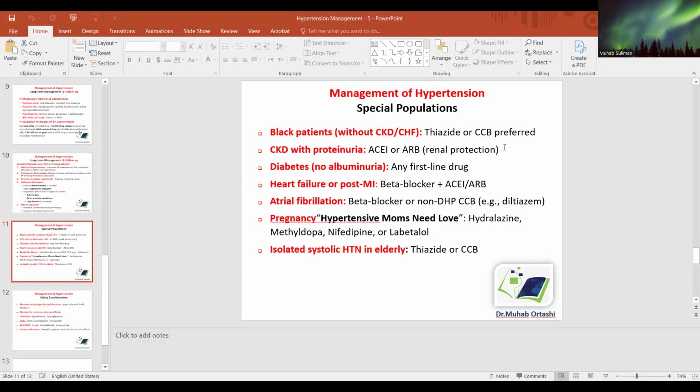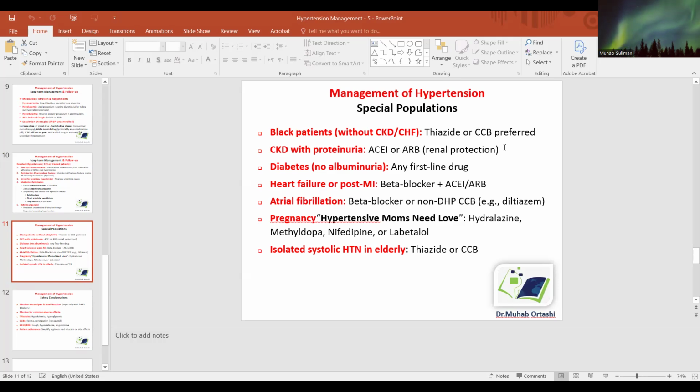We speak about special populations, when we use these drugs and which drug is preferable in some patients. In black patients without chronic heart disease or kidney disease, we prefer a thiazide diuretic or calcium channel blockers.